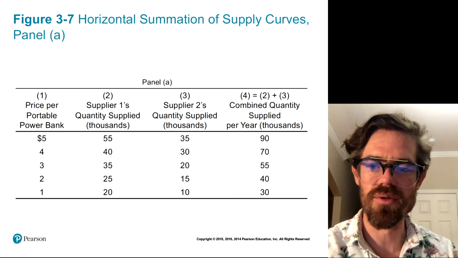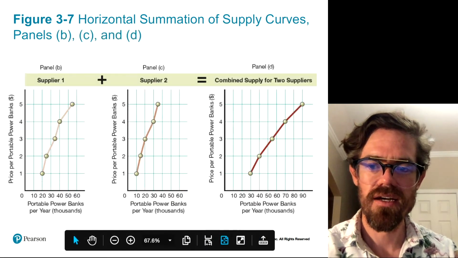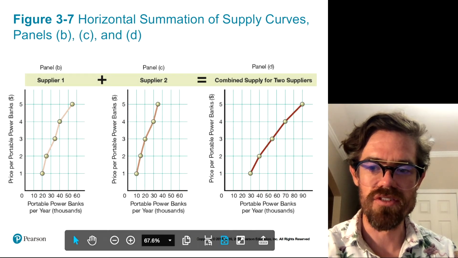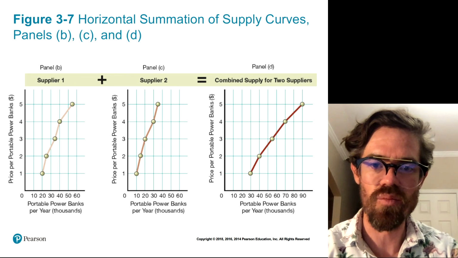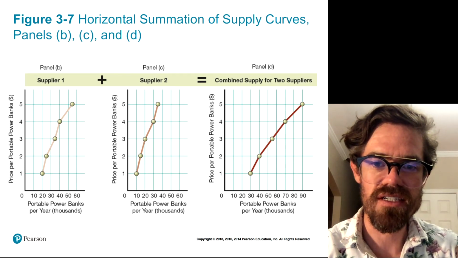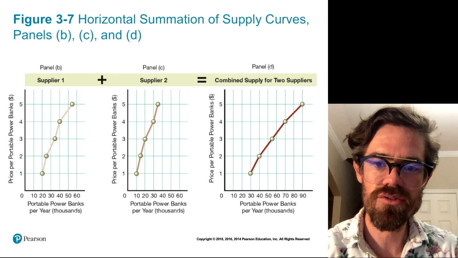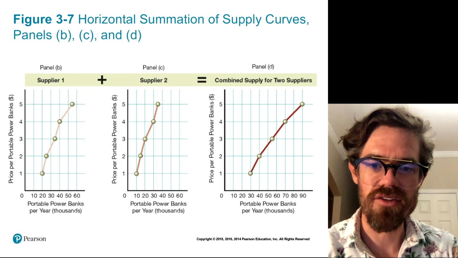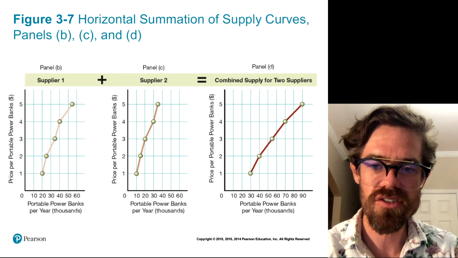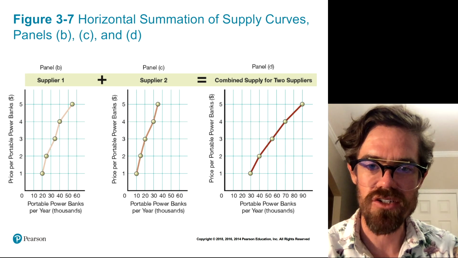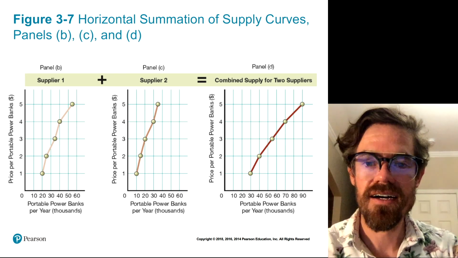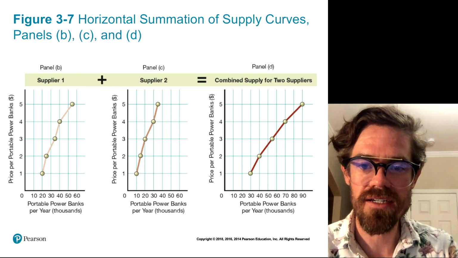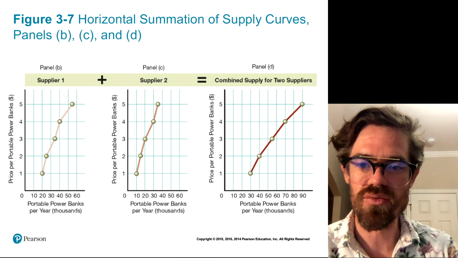So very similar to what we've seen already with demand. And graphically it looks pretty similar. You'll see panel B is the individual supply curve for firm 1. Panel C is the individual supply curve for firm 2. And if we add those together horizontally, moving across, we get the market supply curve as shown in panel D. Again, you can see that the market supply looks like it's pushed to the right.